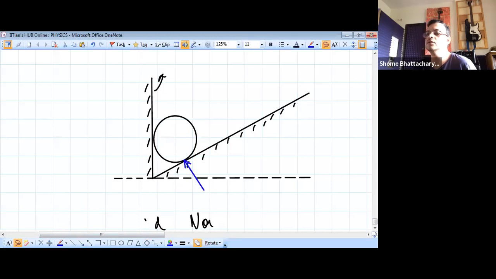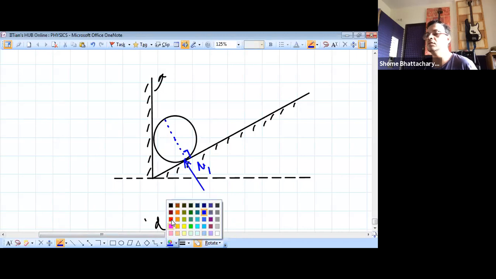That direction has to be such that it's along this normal line, perpendicular to this surface. So this normal reaction is N1, that is passing through the center.